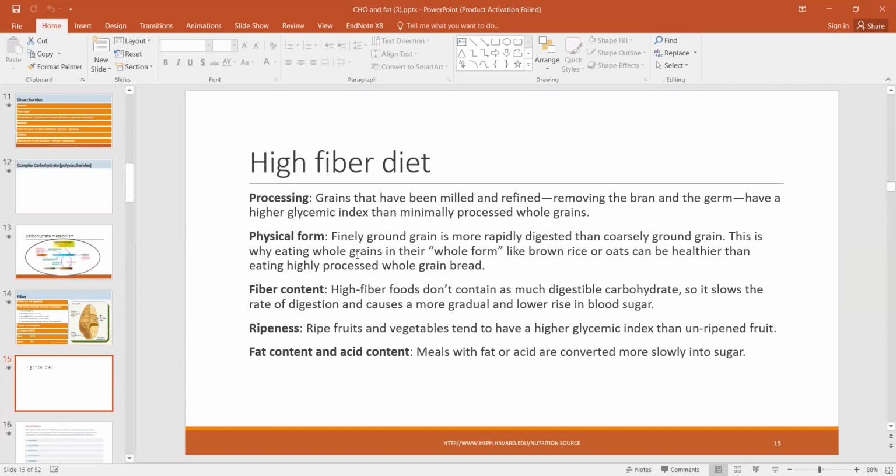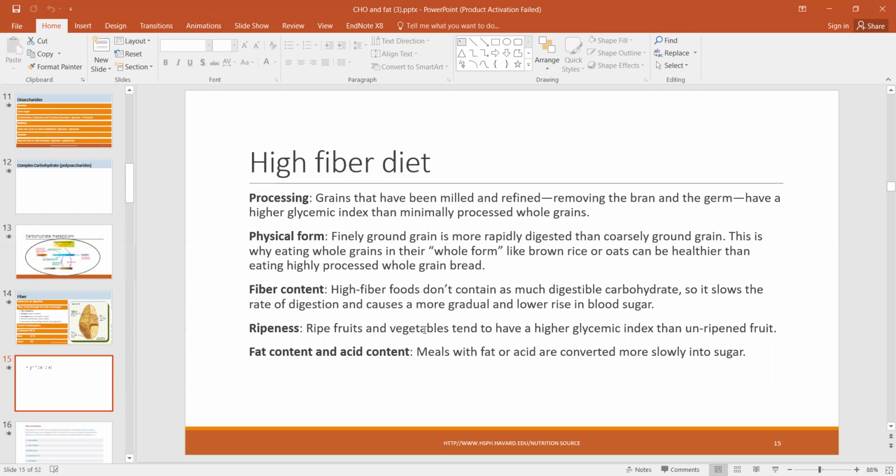This is why eating whole grains in their whole form, like brown rice or oats, can be healthier than eating highly processed whole grain bread. High fiber foods do not contain as much digestible carbohydrate, so they slow the rate of digestion and cause a more gradual and lower rise in blood sugar. Ripe fruit and vegetables tend to have a higher glycemic index than unripened fruit.